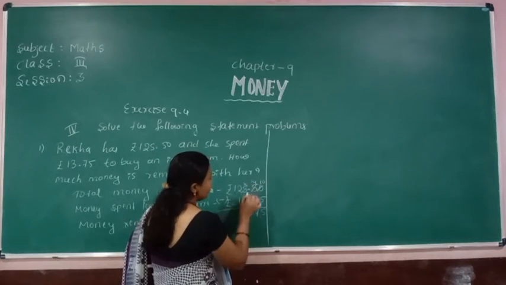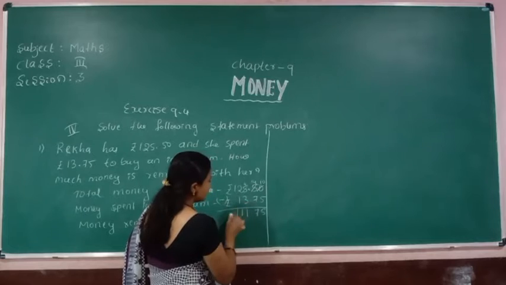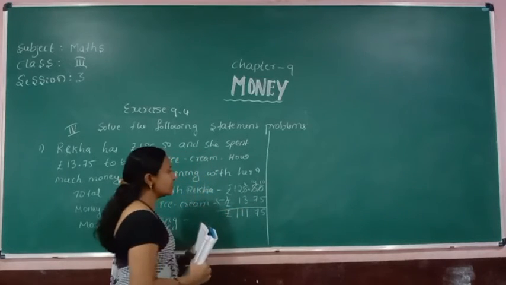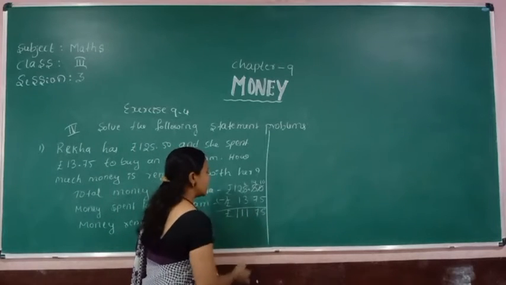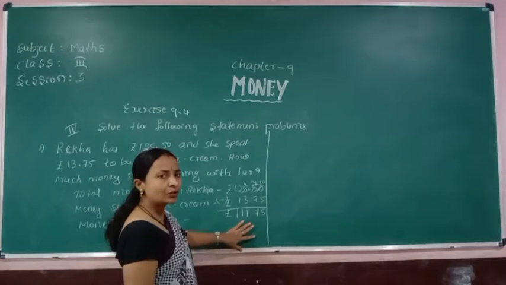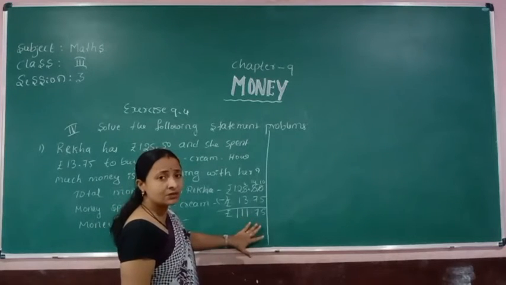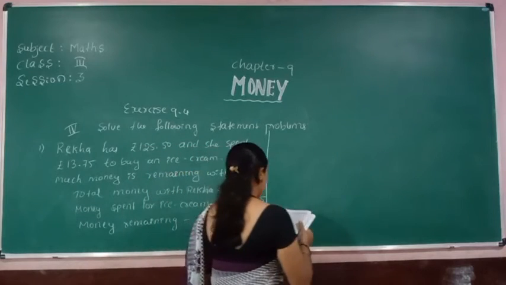So next one, 4 minus 3 is 1. 2 minus 1 is 1. 1 as it is 1. So she has how much remaining? 111 rupees 75 paise. Understood this one? Okay, yes, you already learned this one. The borrow method you already know. Okay, yes. So next one we are going.